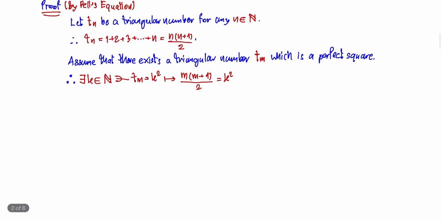So we try to show that this equation has infinitely many solutions. So what can we do with this?